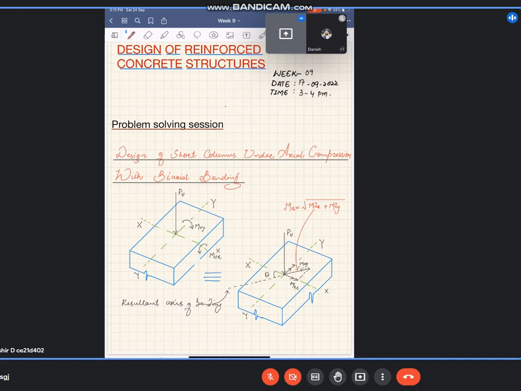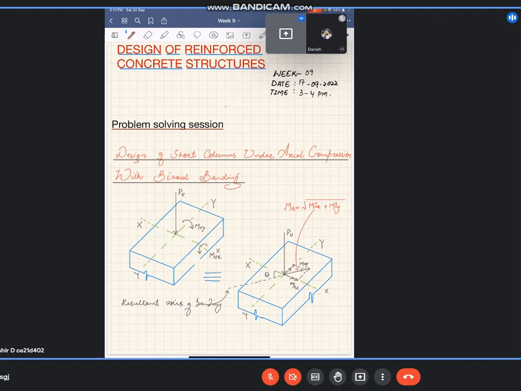So in the case of a short column under axial compression with biaxial bending, in addition to the axial load acting on the column section, we have two moments acting along two principal directions, x direction and y direction. For that we have to consider the effects of both moments if the eccentricities are beyond the minimum eccentricities.